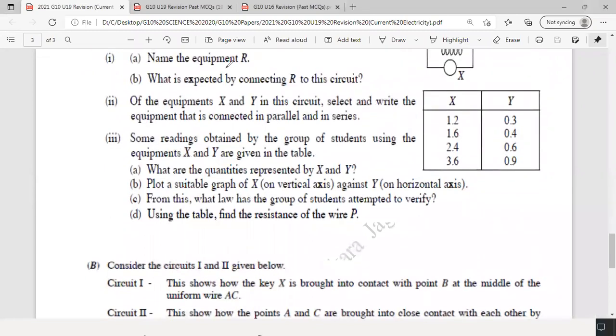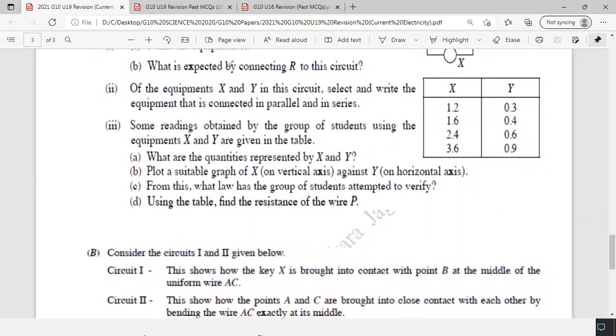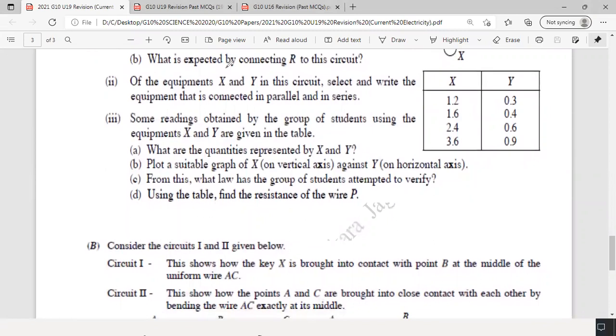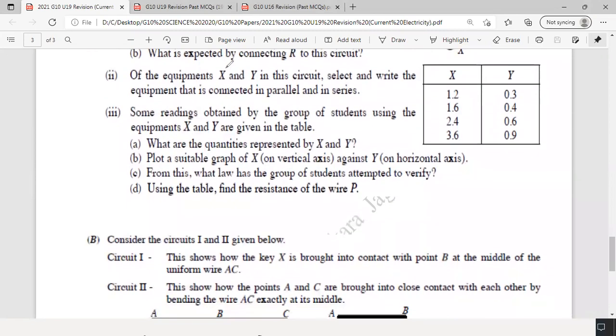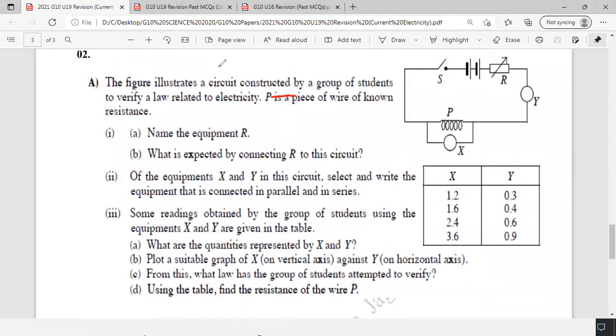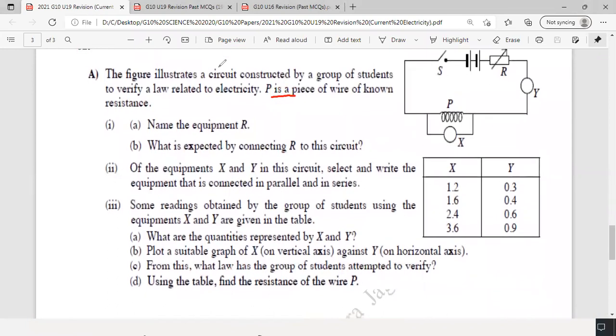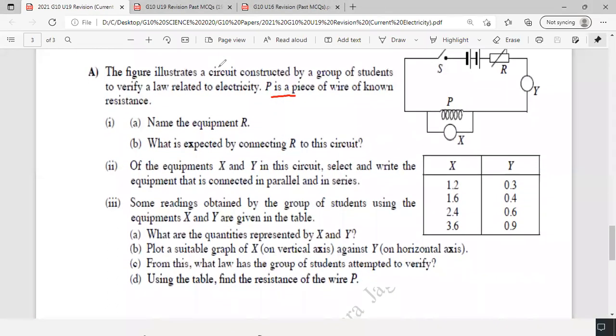Some readings are obtained by a group of students using the equipment X and Y given in the table. Right? What quantities? So here, if you want to write the answer, X is connected in parallel.